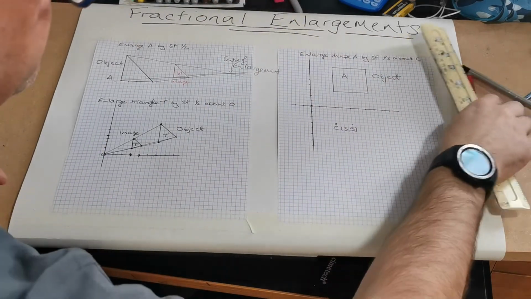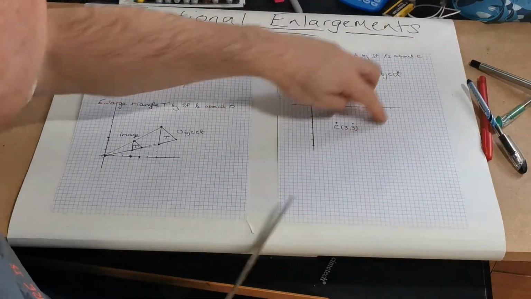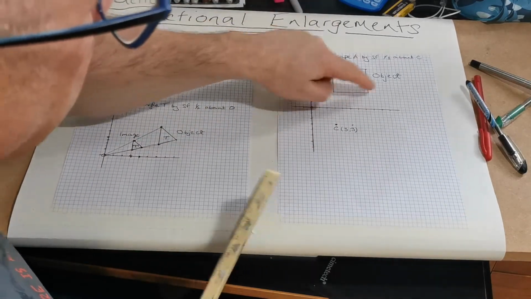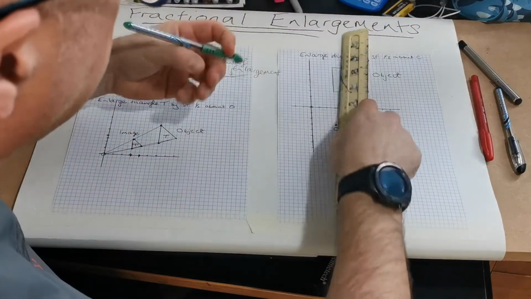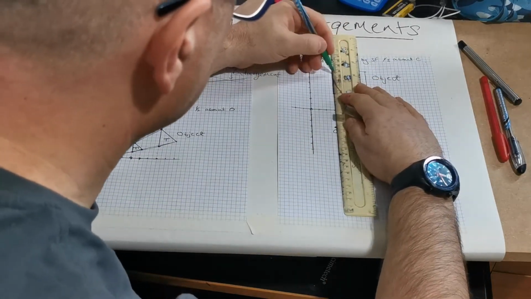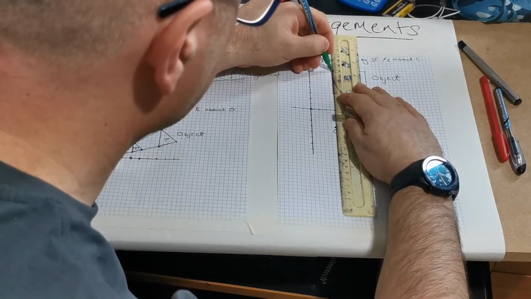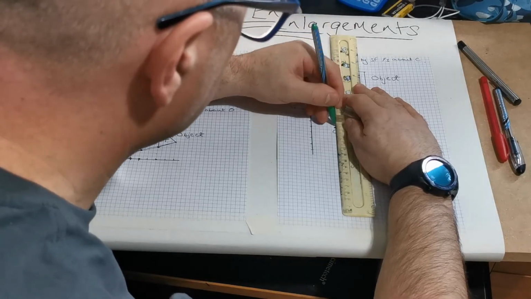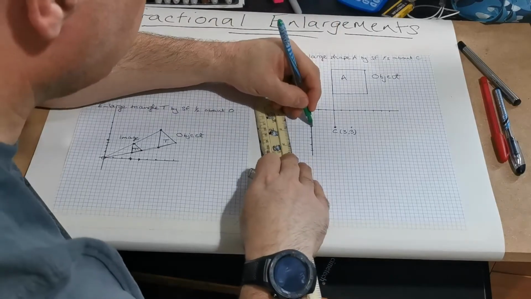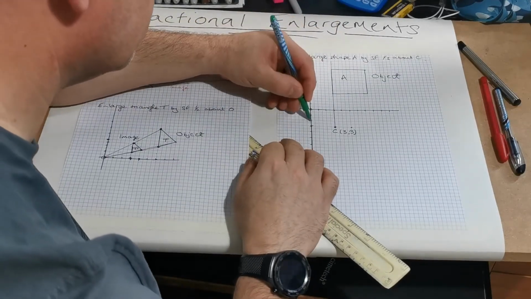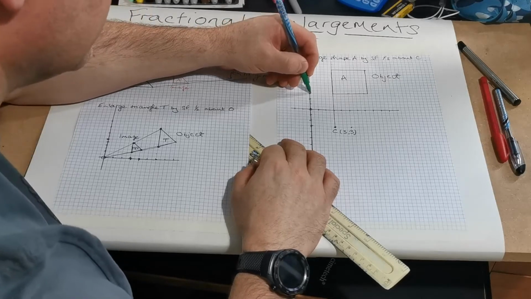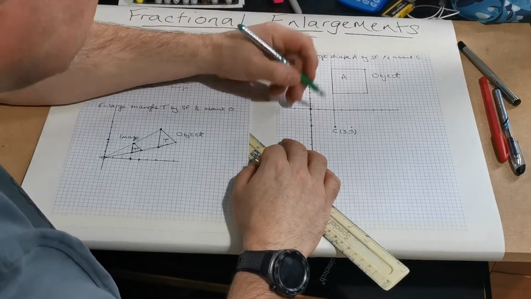And finally, if the centre of enlargement isn't at the origin, we have to think about those rays again. This time I want to enlarge by a scale factor of 1/3. So if I come from here up to here, I go 1, 2, 3, 4, 5, 6 double squares.